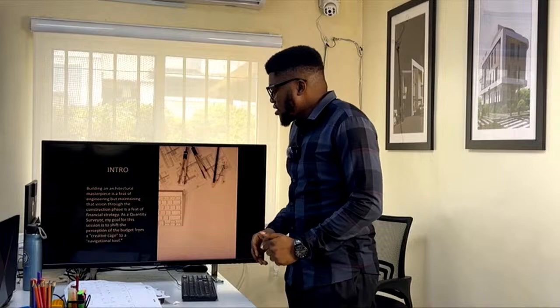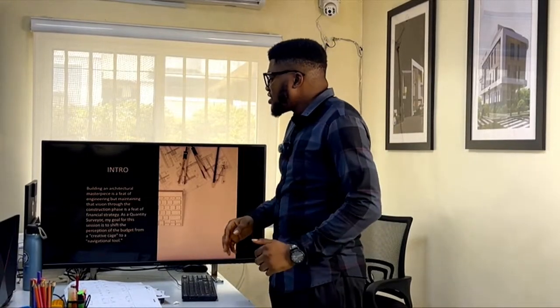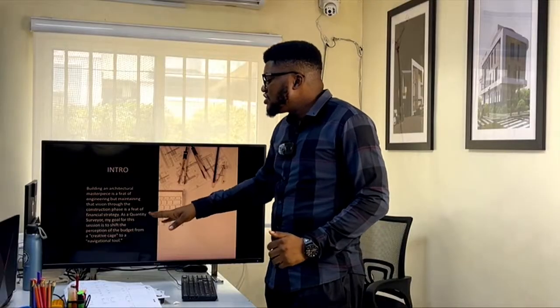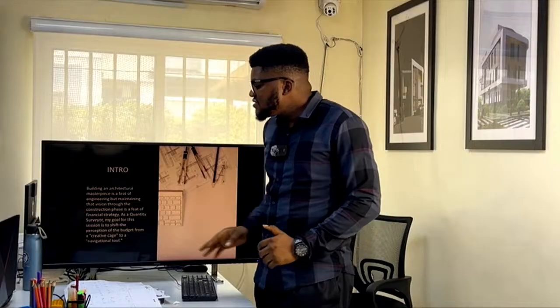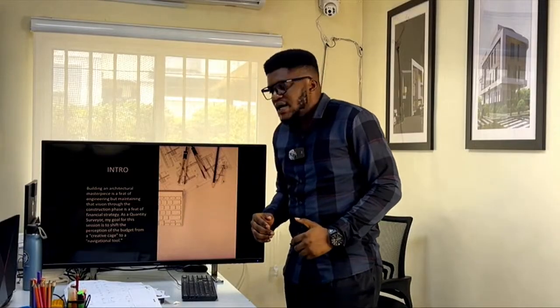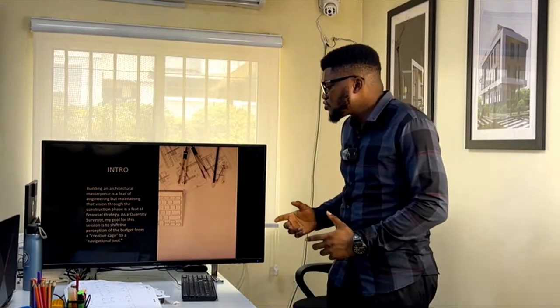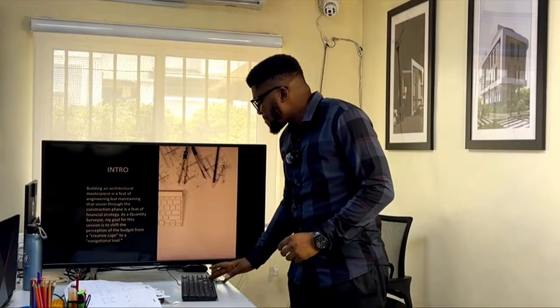So you design quite all right, yes, it's lovely, but maintaining that design through to the final stage of construction is really a financial strategy. As a quantity surveyor, my goal for this session is to shift your perspective of the budget from a creative cage to a navigational tool, rather.